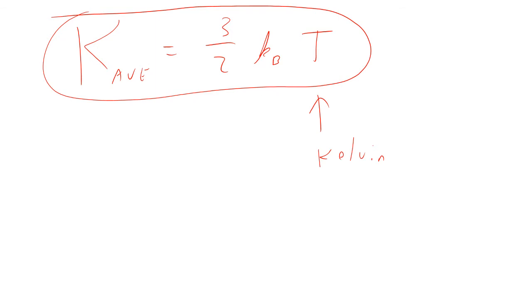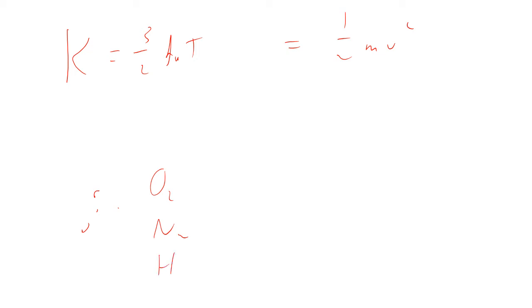So this is what we call the kinetic theory of gas. And it's interesting because we know that kinetic energy, 3/2 kT, is equal to 1/2 mv squared. And so that means if you have a whole bunch of gases here, like the Earth's atmosphere is mostly oxygen, got some nitrogen, there's a few occasional hydrogen and helium atoms and so forth in the atmosphere.